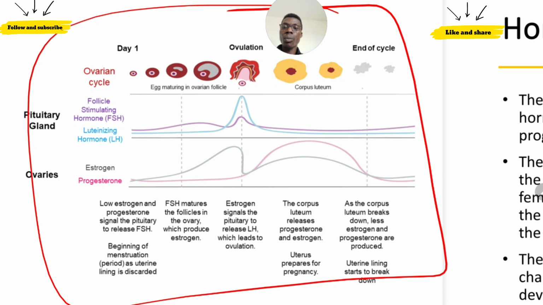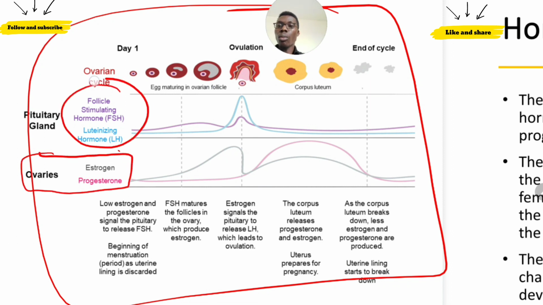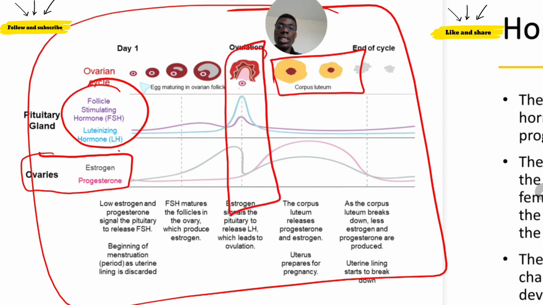Basically, these hormones, can you see this, are from the ovary, but these other hormones are from the pituitary gland. They work together to make the menstrual cycle happen. Of course, this happens on day 14. This is the empty follicle, and there's no egg in it anymore, because the egg has been released. The funny thing is, whether this remains alive, still functioning, depends on whether there's a sperm cell to fertilize the egg.